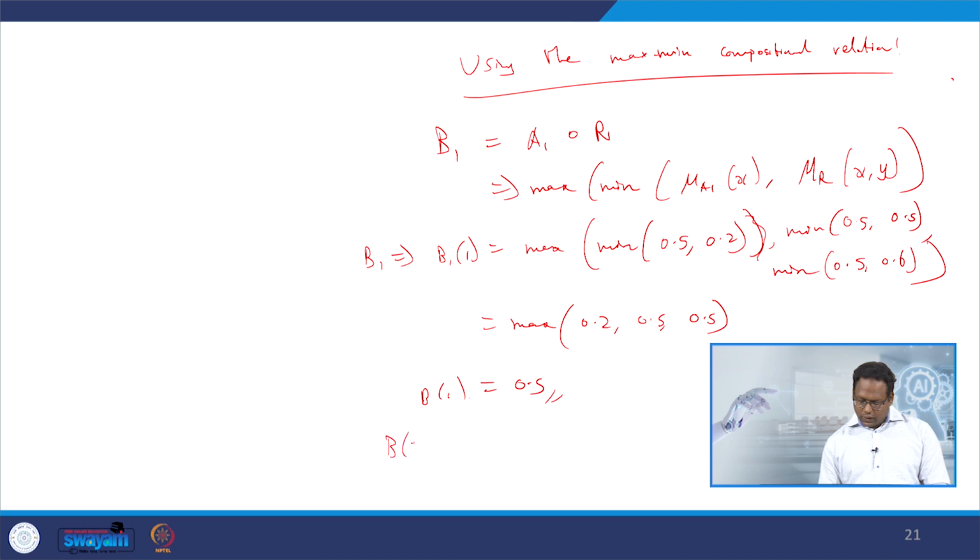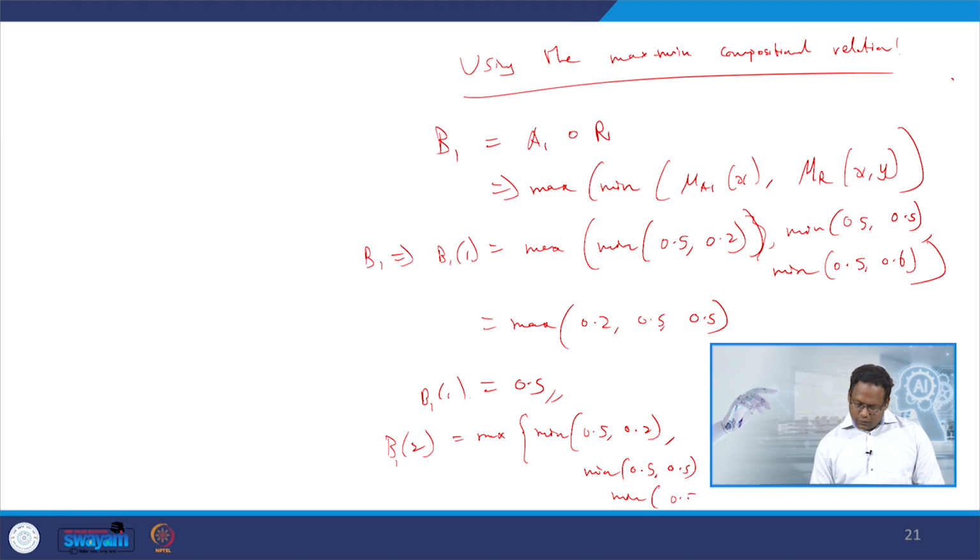Likewise, we can find B of 2, which is going to be by this expression, that is B1 of 2, which is nothing but maximum of minimum of 0.5, 0.2 and then minimum of 0.5, 0.5 and then minimum of 0.5, 0.7, which turns out to be maximum of 0.2, 0.5 and 0.5, that is finally 0.5.